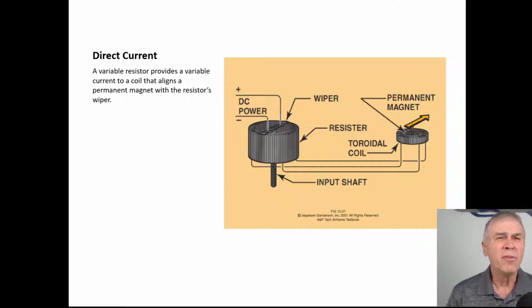The variable resistor provides a variable current to a coil, so here might be an indication a little bit more of what it would look like. I would presume that this input shaft would be the transmitter side, and the resistor almost looks like a filter, but it's constructed like a filter.